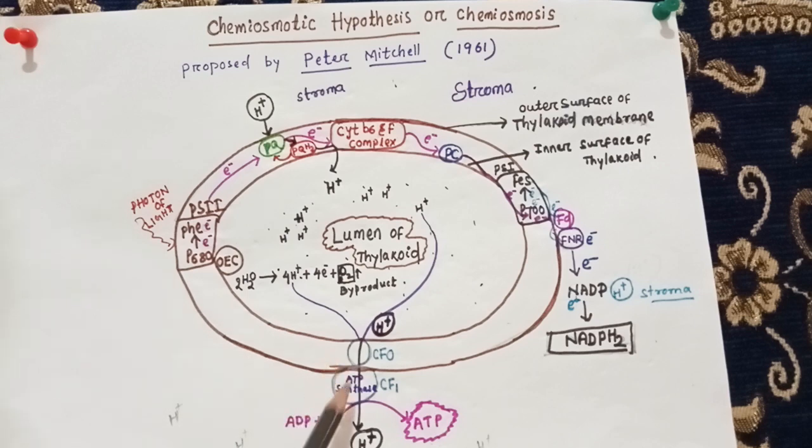And due to the conformational changes of the CF1 particle, it results in the binding of inorganic phosphate to ADP, adenosine diphosphate. ADP and inorganic phosphate join together, and ATP formation takes place.